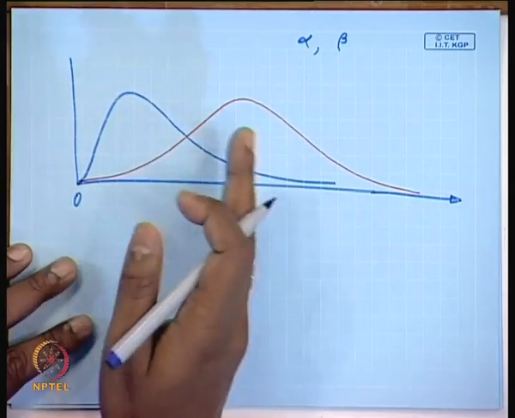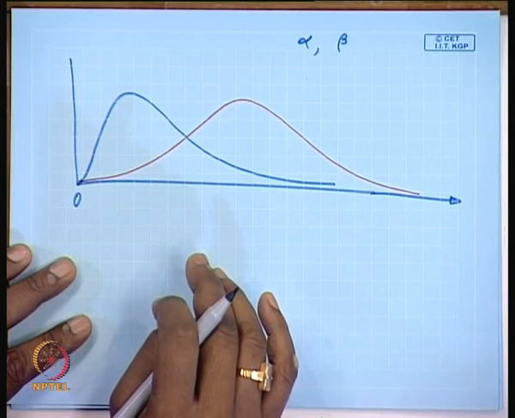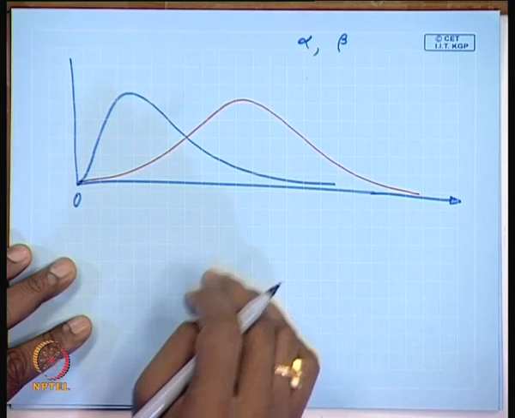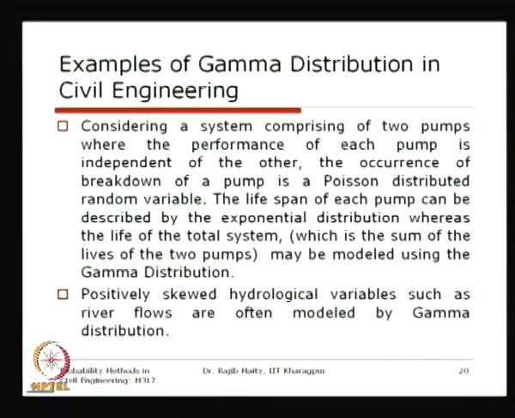That is why we found river flow modeling very suitable for the gamma distribution. So that is another application of the gamma distribution to civil engineering problems.